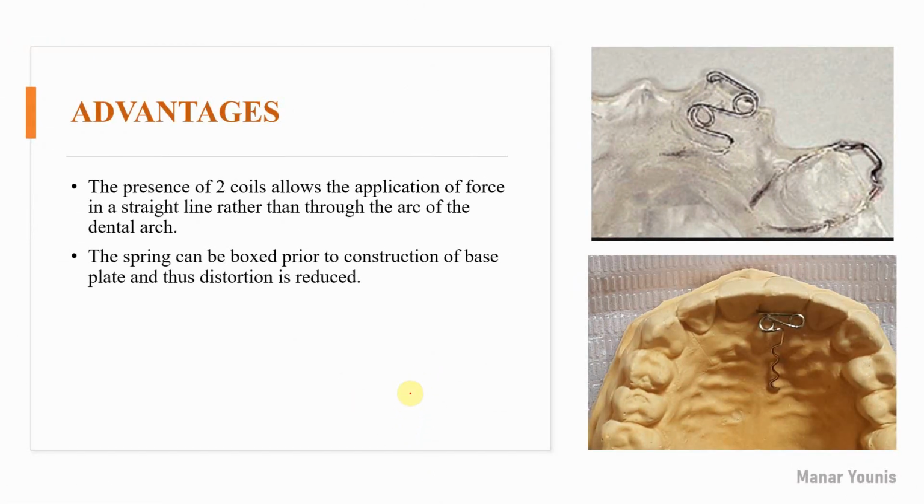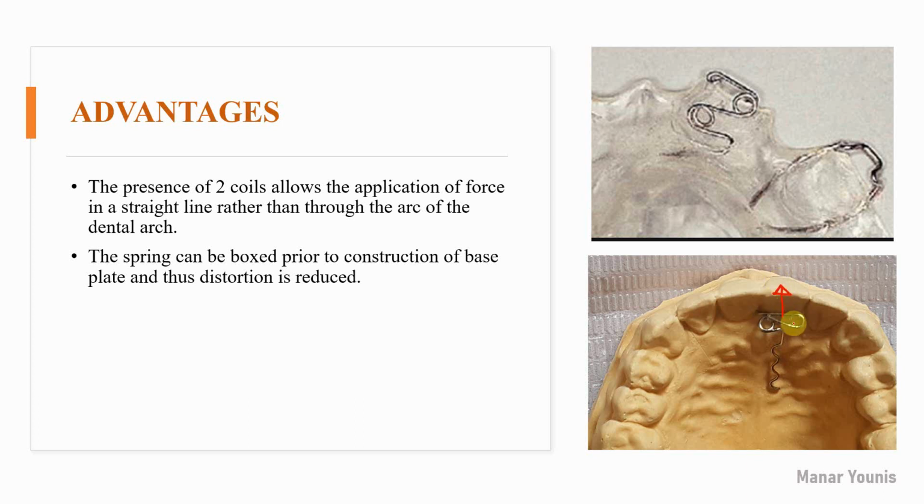Advantages of the Z spring. The presence of two coils allows the application of force in a straight line. So by activation of the spring, by pulling the active arm away, this will open the spring about 2 to 3 millimeter and the active arm will remain parallel to the tooth surface, thus it will produce force in a straight line.